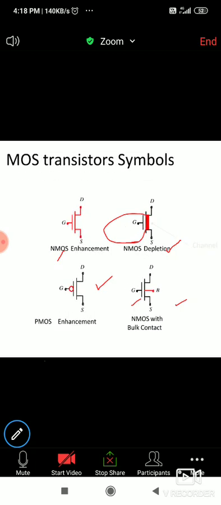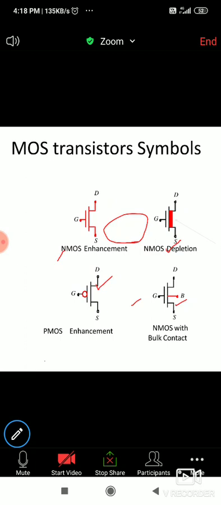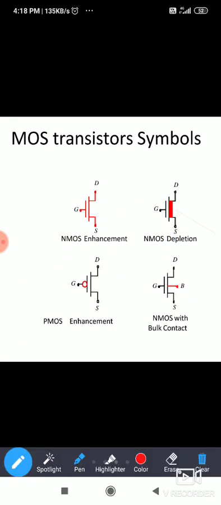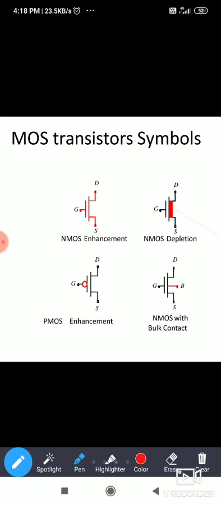Here, notation for the MOS transistors, or symbols. This is NMOS enhancement mode MOSFET, and this is depletion mode MOSFET.